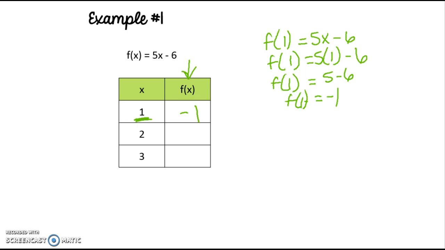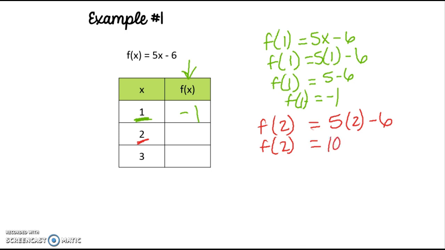I'm going to go ahead and switch colors here. So f of 2 is equal to 5 times 2 minus 6. Remember, I'm just plugging it in to that equation. So 10 minus 6. So f of 2 is 4. And the last one here, I'm going to plug 3 in.